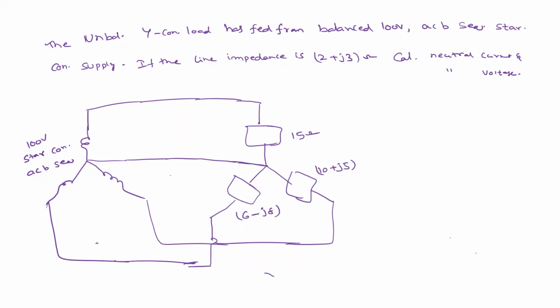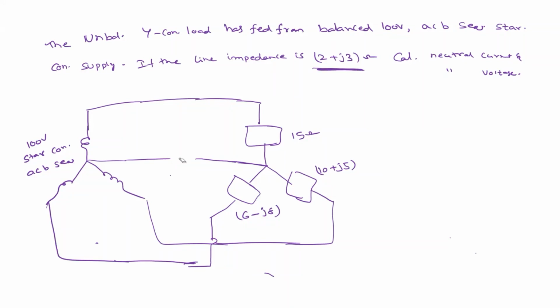So how to solve these kinds of problems? Mesh analysis, sir. So nodal analysis. We have to use mesh analysis. So what is the additional thing that is given here? The line impedance is 2 plus J3 ohm, right?